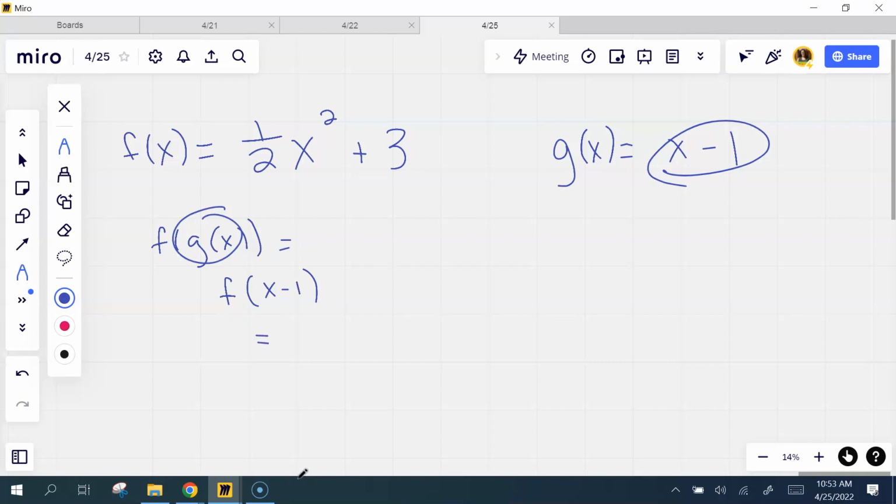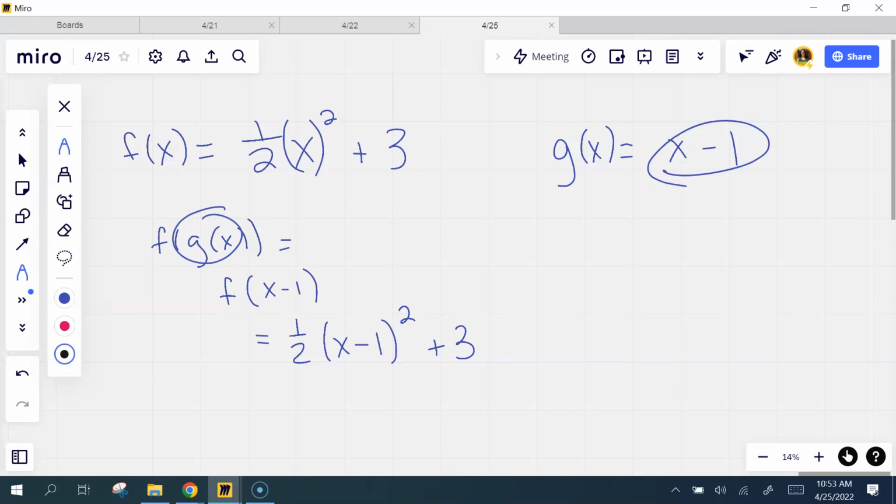So what's going to happen, I've got 1/2, and I always think about my x being in parentheses because it'll help you. So it's 1/2 times x minus 1 squared, plus 3. Now, if I needed to expand that out, I'd be in a FOIL type situation, but I'm not asking you to do that right now. Right now, I just want to make sure you can plug in this way. That's composition.